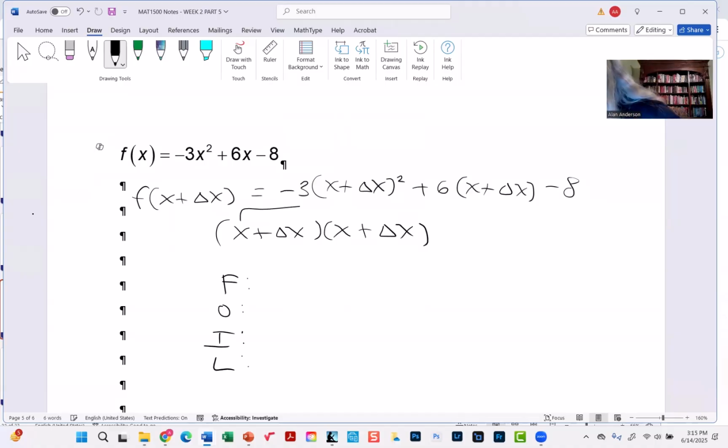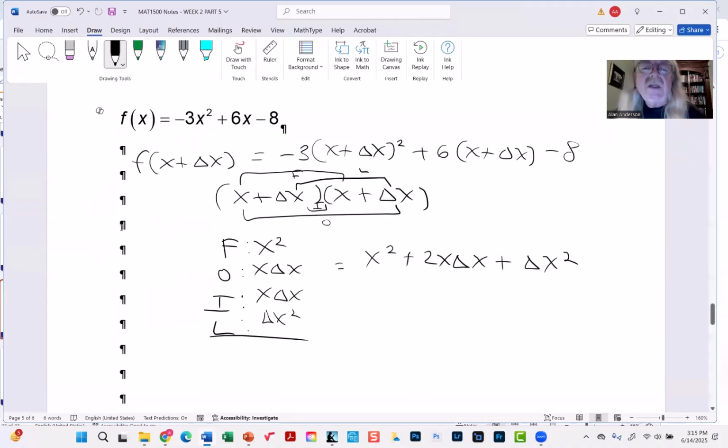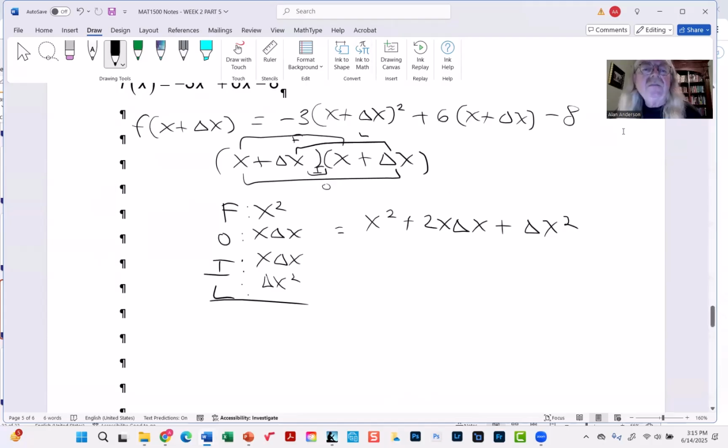F is these two terms. O are these two. I would be these two terms. And then L would be these two terms. So we ultimately end up with x squared plus 2x delta x plus delta x squared. So that's the only part that's going to be messy. So we'll plug that in up here.